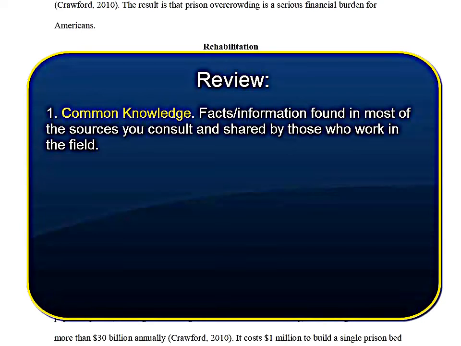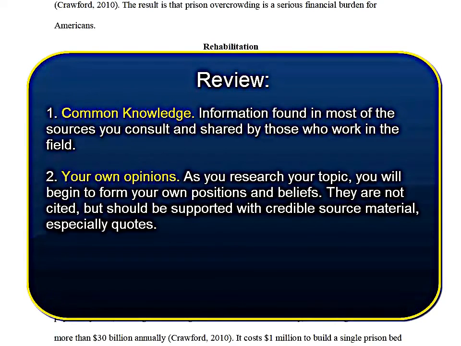As long as you are sure you have seen this information in the majority of sources you consulted, you do not need to cite it. 2. Your own opinions. As a product of your reading and thinking about the topic, you will synthesize the material to form your own opinions, your own positions and beliefs. These are also yours and don't need to be cited.